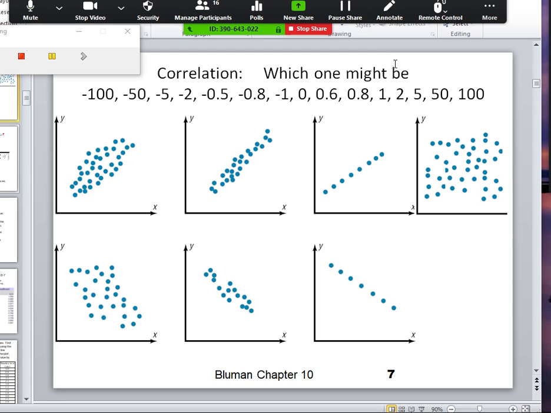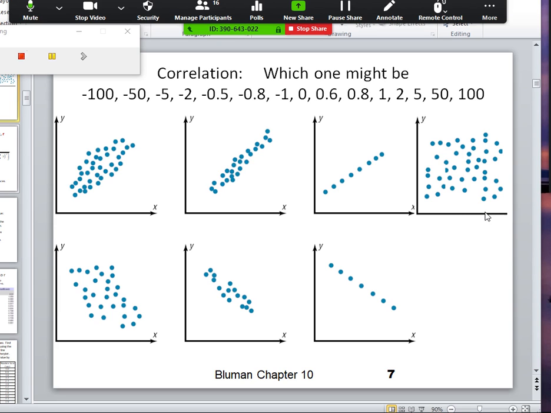Which one's 100? Seven, 8, 9 people, 10 people. Okay.